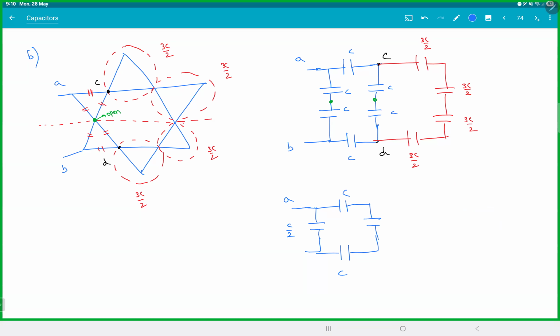Check. 5C by 7, 9C by 8. 11 तो आ ही रहे मुझे. 10C by 7.